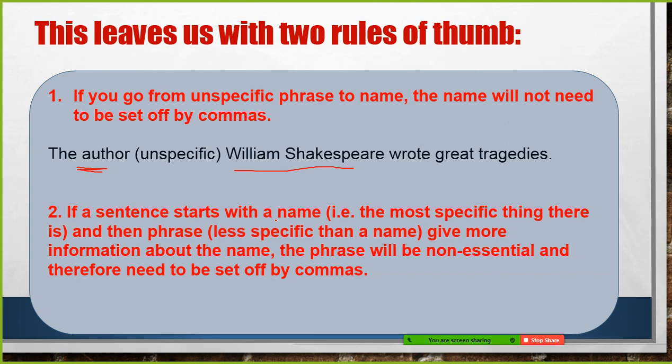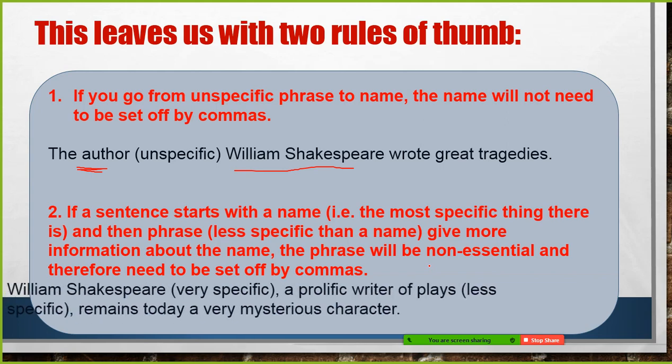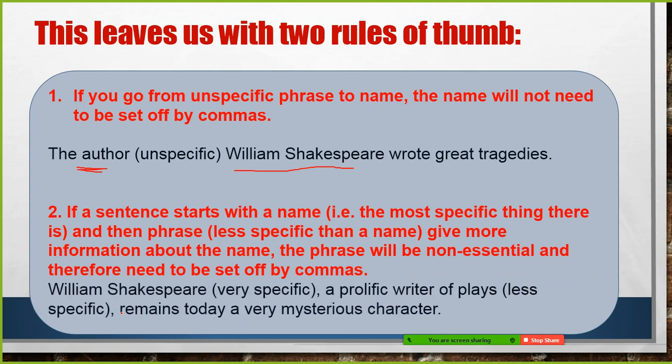The second rule: if a sentence starts with a name, which is the most specific thing, and is followed by a phrase that is less specific, this time the phrase would be non-essential, and I have to separate it by commas, like the second example. When I say William Shakespeare, this is very specific, because I have mentioned a name.